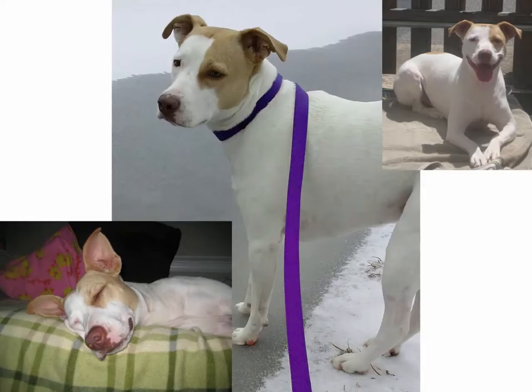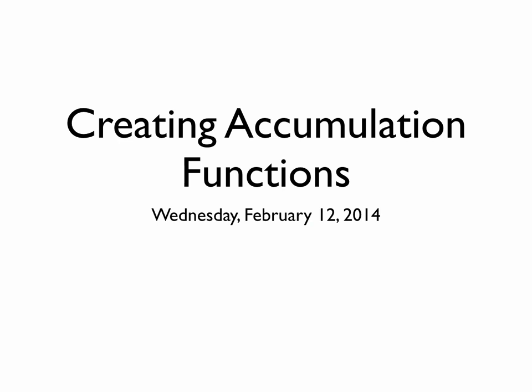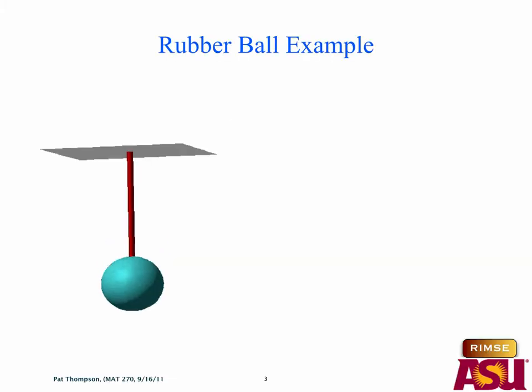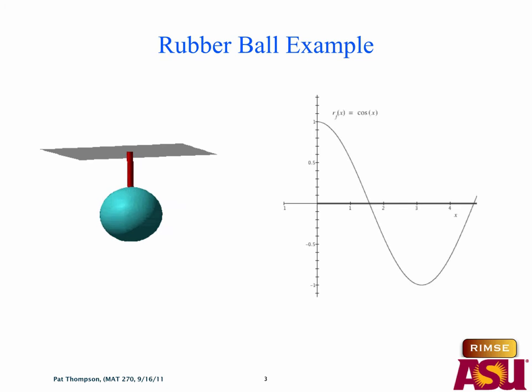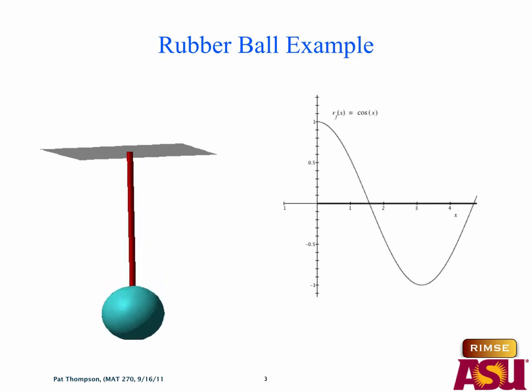Okay, so today we're going to keep talking about the big picture, and along with it, all the tiny little details. Last time I didn't have this animated, now it's animated. We were talking about a rubber ball being pushed down and then moving up and down and having its exact rate function.